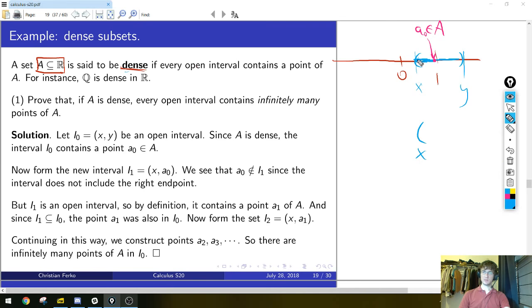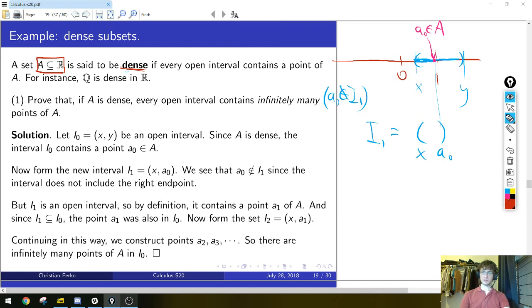You keep the left endpoint x, and then go to the right endpoint a0. This is a new open interval I1. And I1 does not contain a0 because a0 is the right endpoint, and that's not included in the definition of an open interval. So a0 is not in I1.